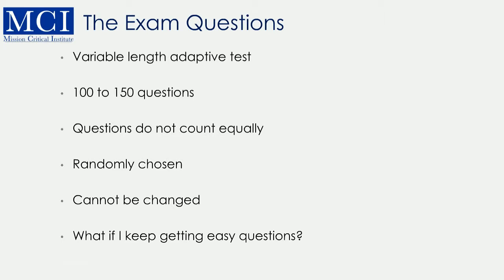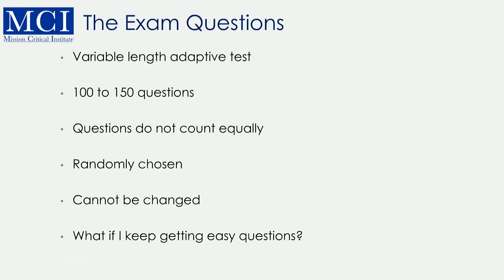The questions do not count equally because, like we've said, there's 3-point questions, 10-point questions, 20-point questions. Now, I'm just using those scores as an example. The way the actual system scores it is probably not that way, but you need to understand that questions will be different.